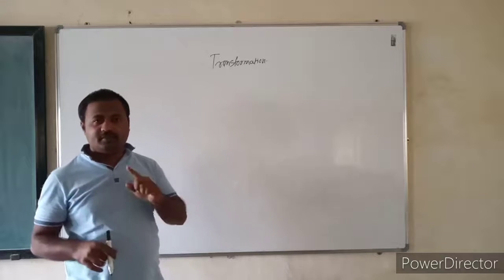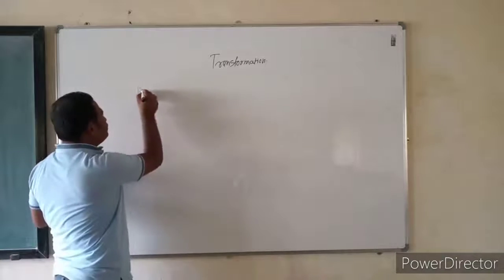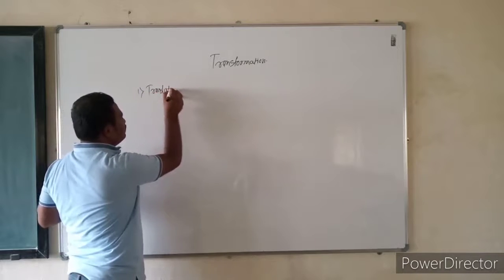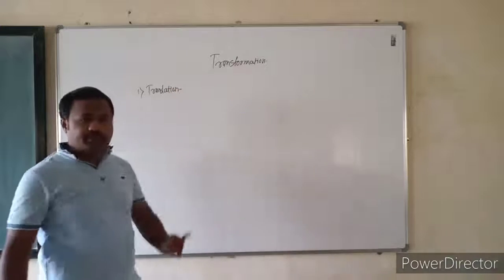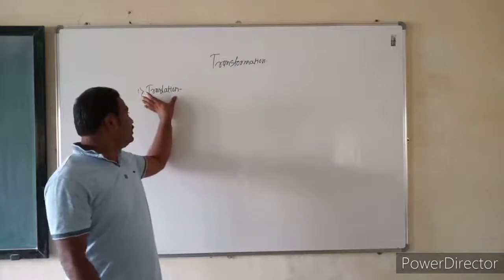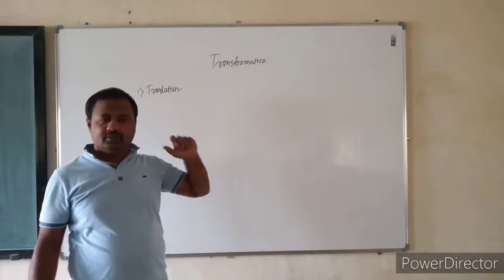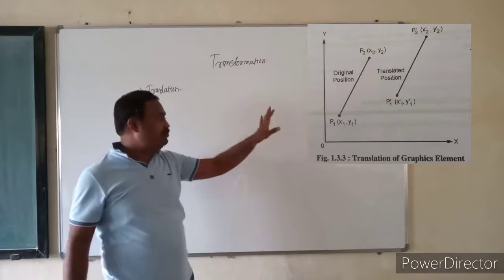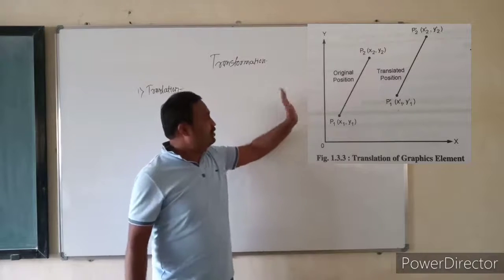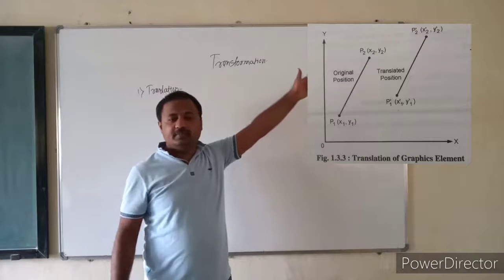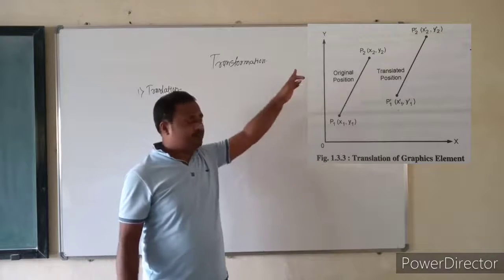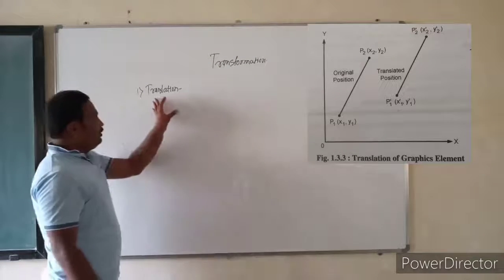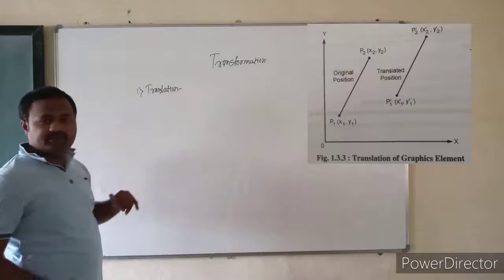In transformation, the first transformation is translation. In the figure you see what is meant by translation. The original line P1 P2 is translated to a new location P1 dash P2 dash.